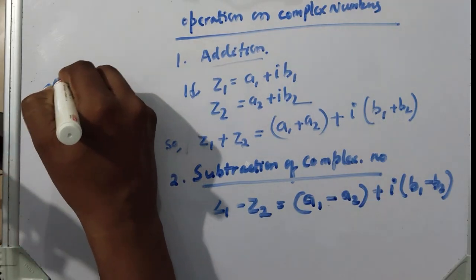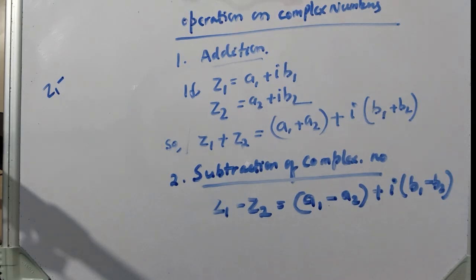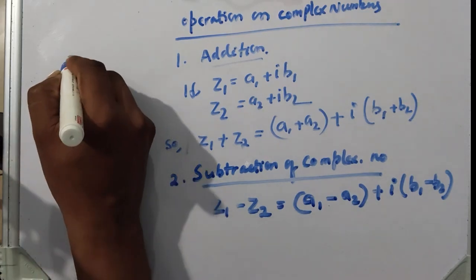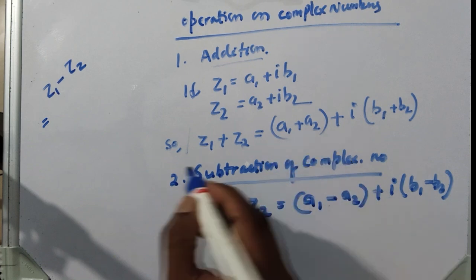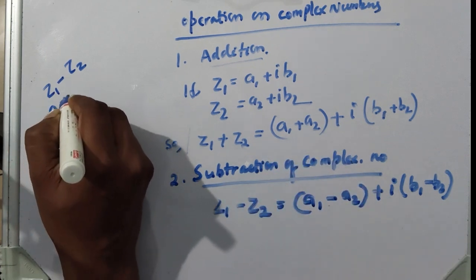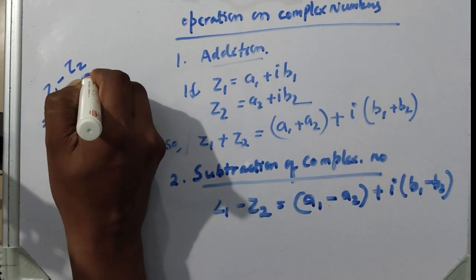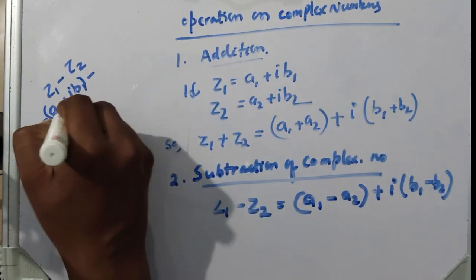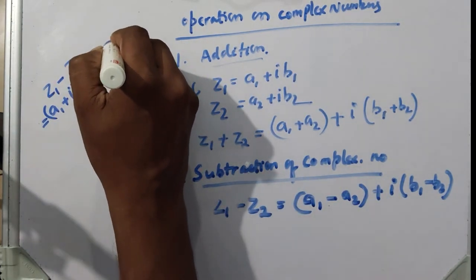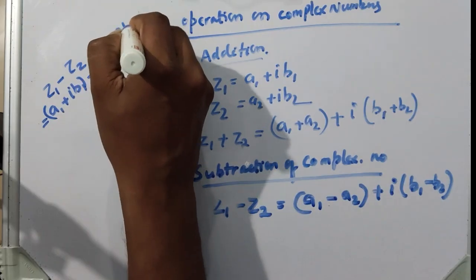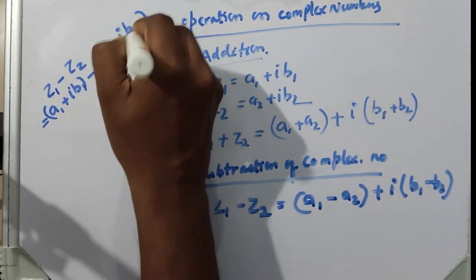So z1 minus z2 is equal to a1 plus ib1 minus a2 minus ib2.